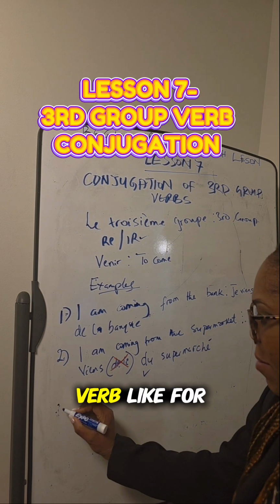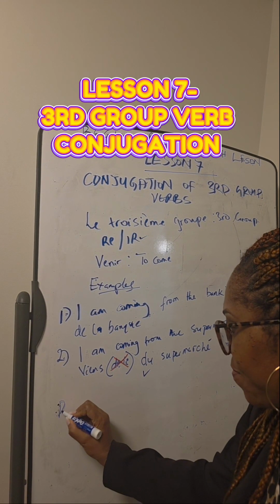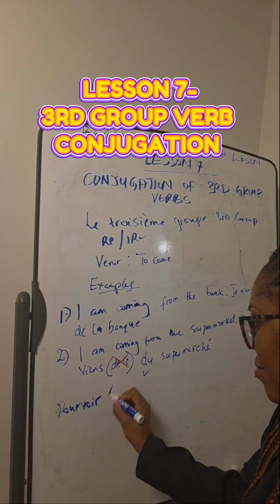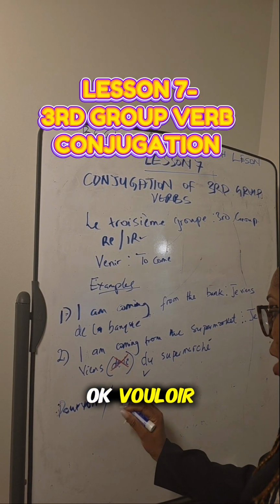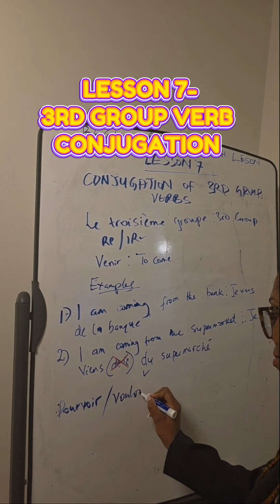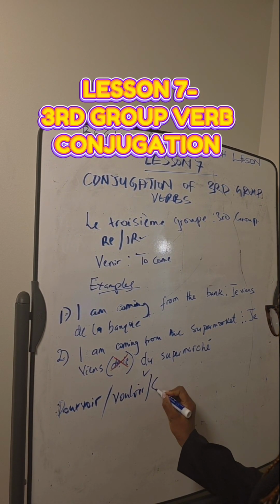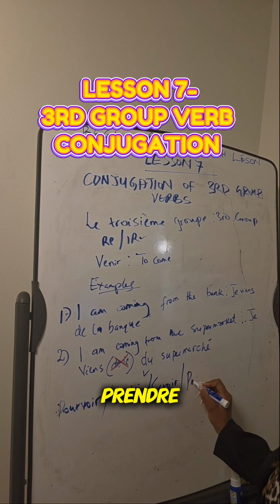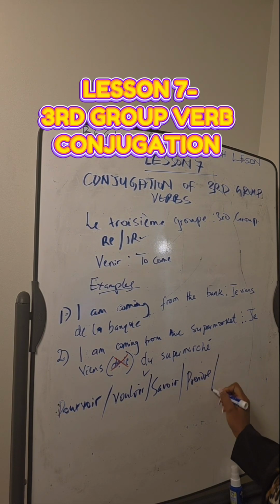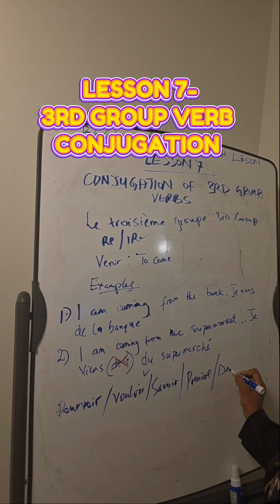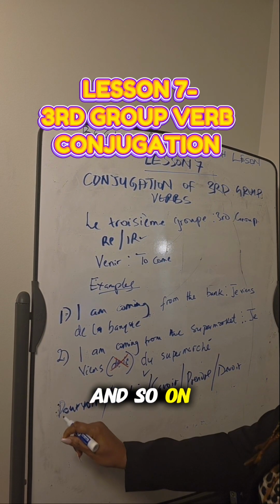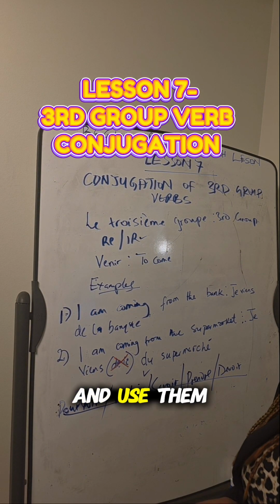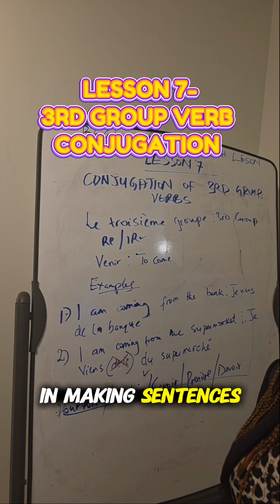So you see verbs like, for example, pouvoir, vouloir, savoir, prendre, devoir, and so on and so forth. So try to find the meaning of these verbs and use them in making sentences in French.